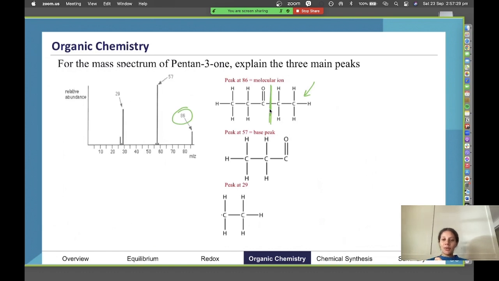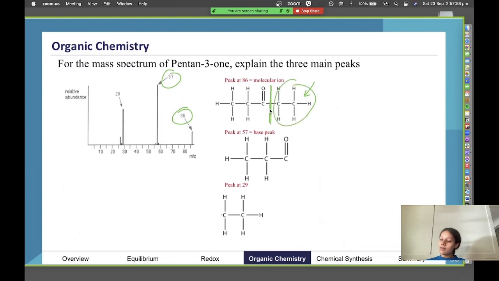So if we split up the molecule there, what's on the left forms our base peak, so the most abundant peak. And we're always going to be splitting, by the way, along the parent chain. We never split off at some weird angles. We always just split off pieces of the main chain like that. But yes, our base peak is the fragment produced on the left, so that has a mass of 57, which is why it's valued at mass to charge ratio of 57.